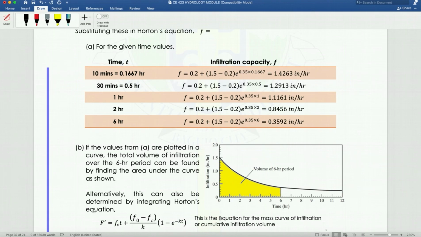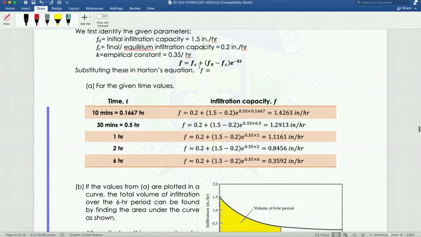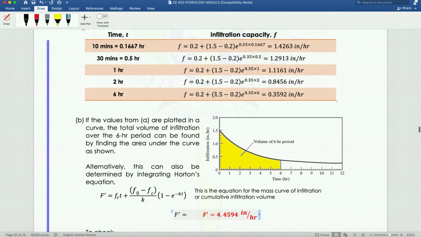Now, another method is by using the modified equation. So, here our equation is f is equivalent to fc plus quantity f naught minus fc times e raised to negative kt. So, we get the integral. Sorry, integral.